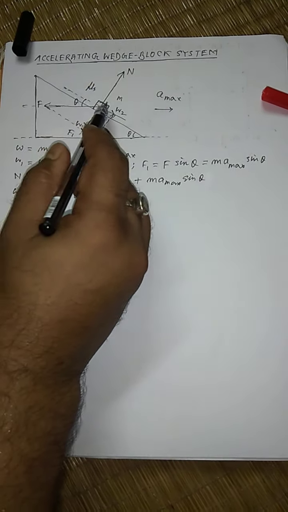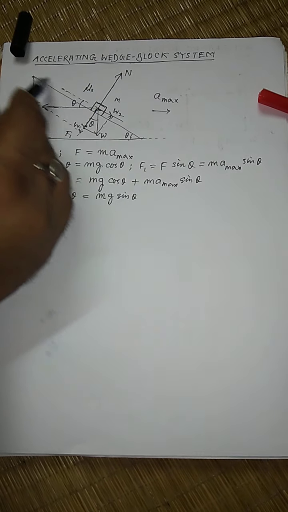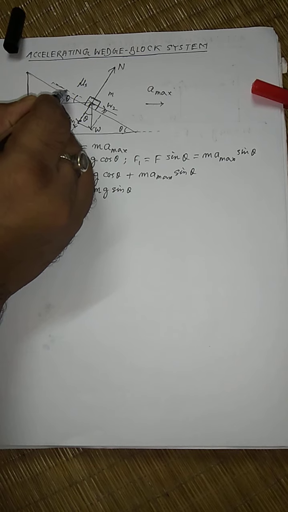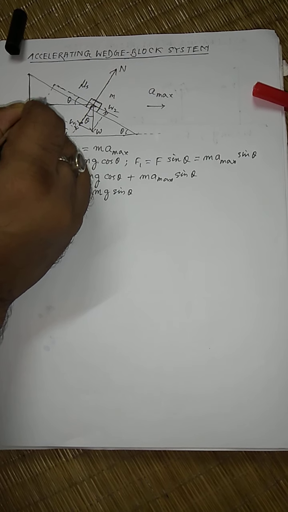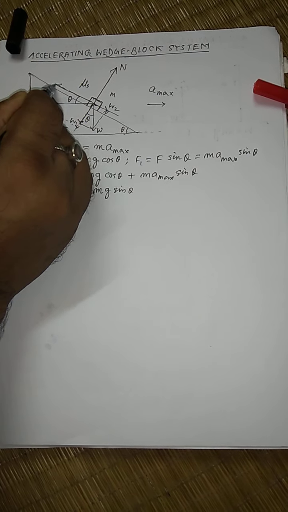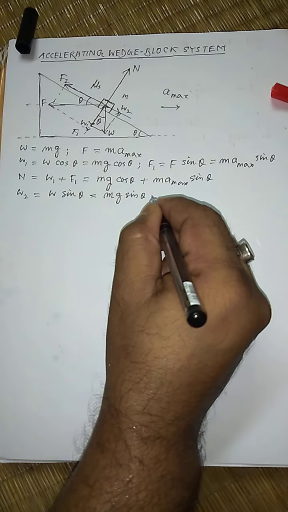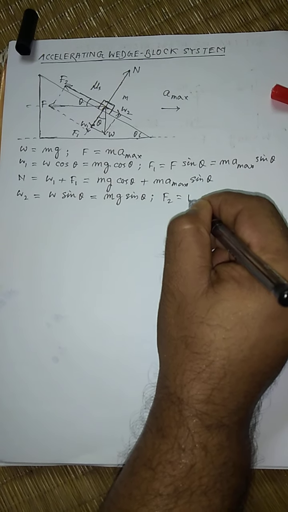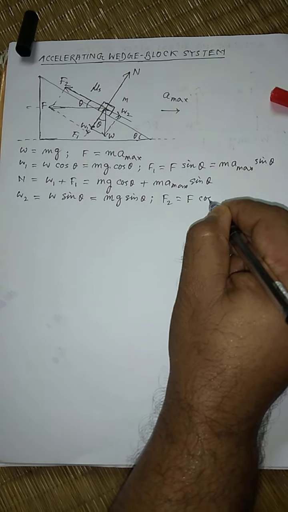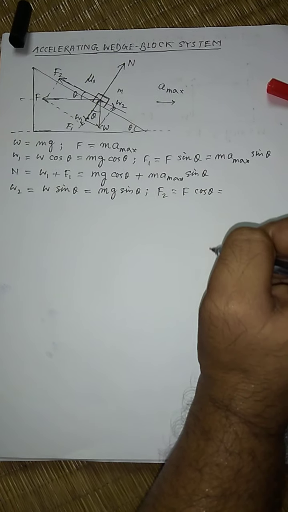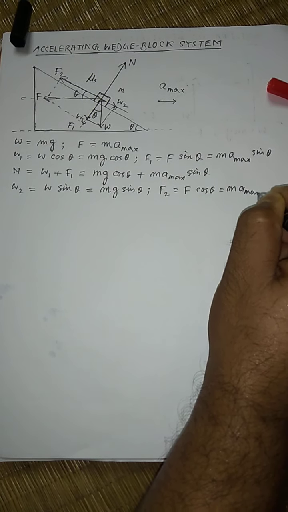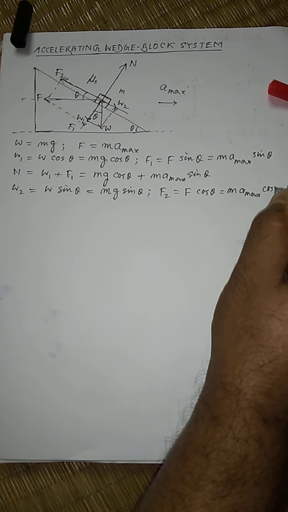The component of the pseudo force in the direction parallel to the inclined surface is given by F2, and F2 is equal to F cos theta, which is equal to m A max cos theta.